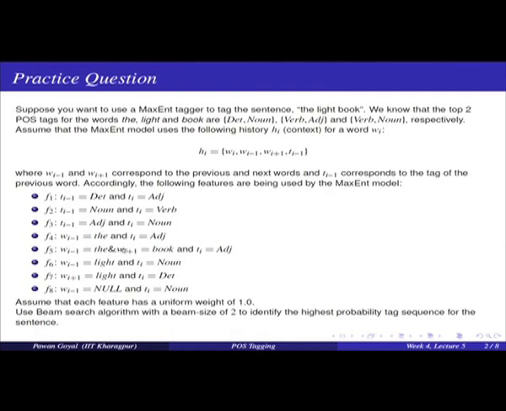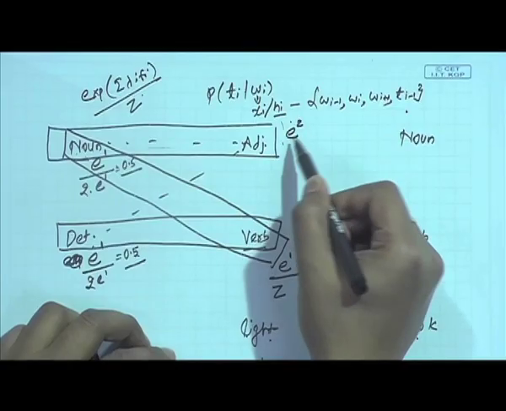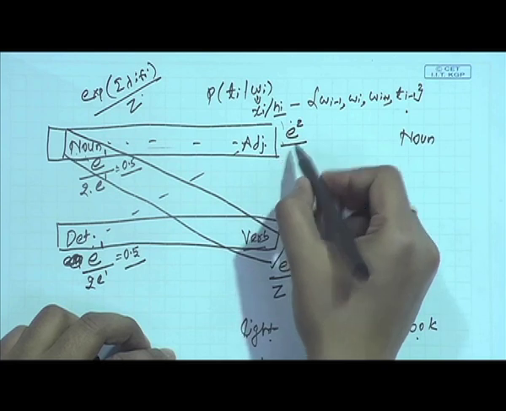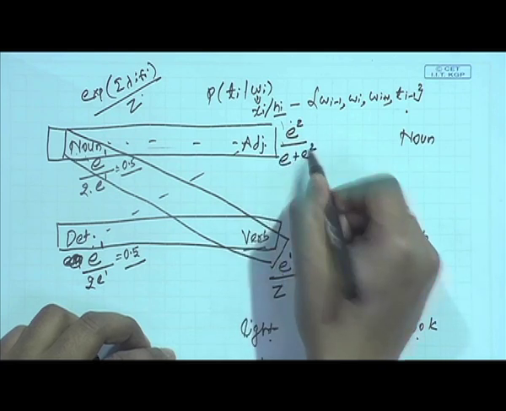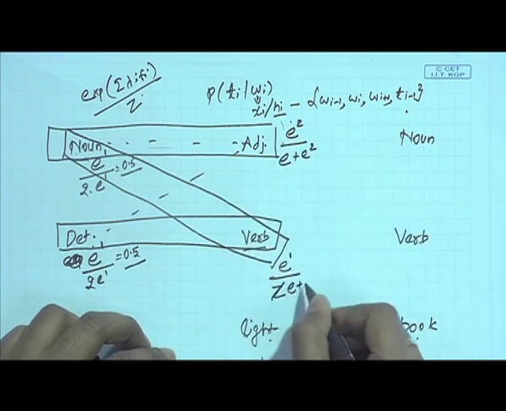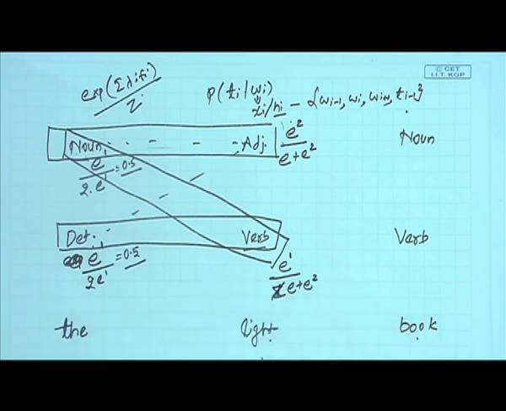So, F4 will become 1. Previous word is "the", yes, next word is "book", yes, current tag is adjective, this will also become 1. All 3 will be 0. So, now this will become e to the power 2 divided by Z, and Z I can write as e plus e square. Same here, e plus e square.